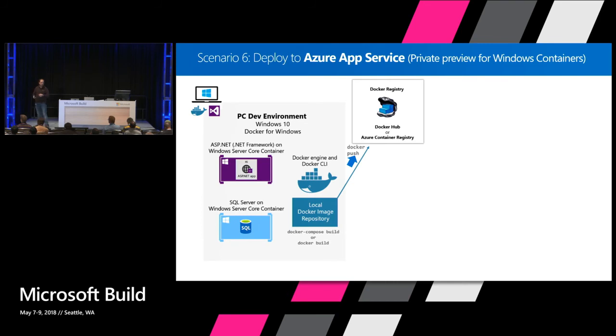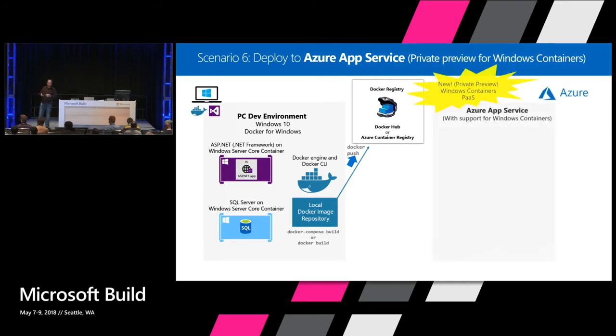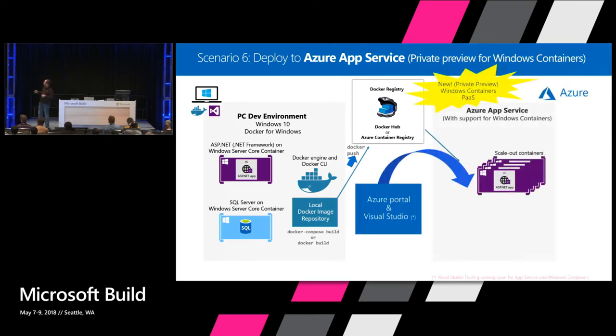You push the image into the container registry, and then you deploy it into App Service from the Azure portal, with Visual Studio tooling coming as well. In this case, we deploy just the application because the only ports that you have in App Service are SSL or 80. So the databases should be outside, either SQL Database or a container in ACI or whatever, right?